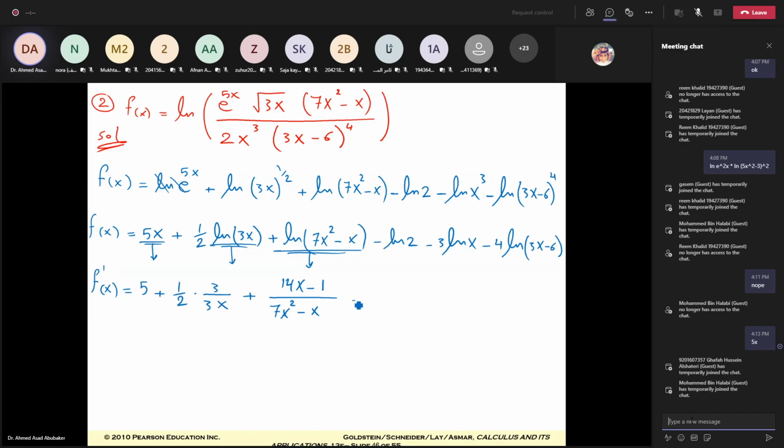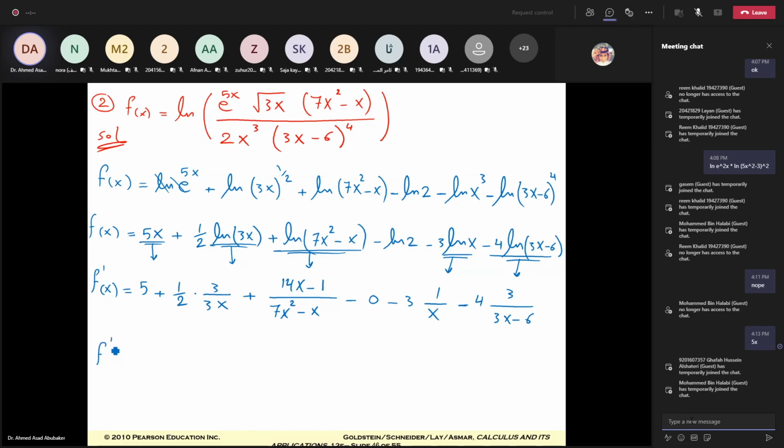The derivative of ln 2 is 0, minus 3 times 1 over x, which is the derivative of ln x, minus 4 times 3 over 3x minus 6, the derivative of ln 3x minus 6.